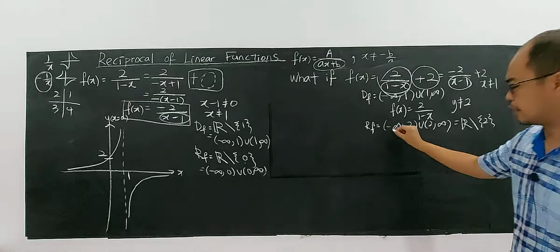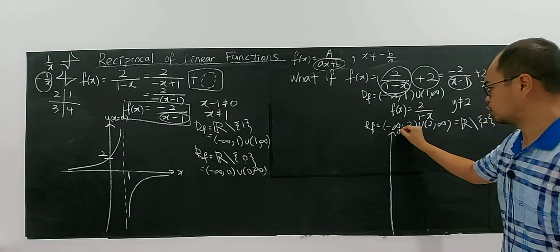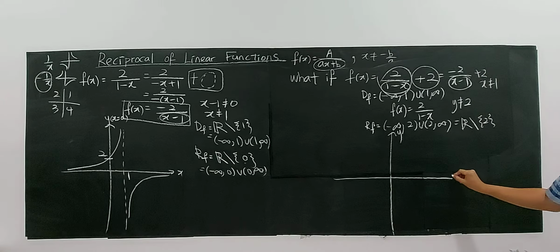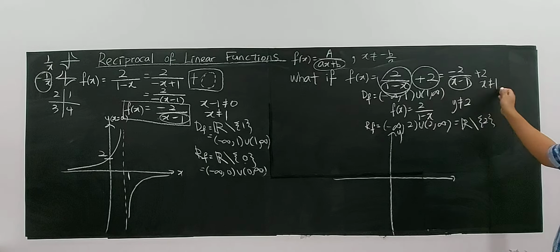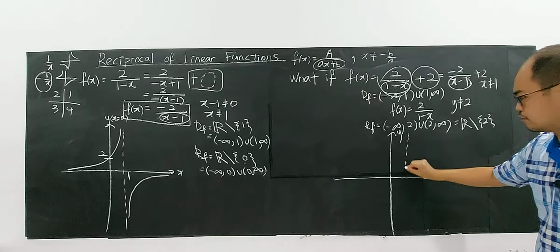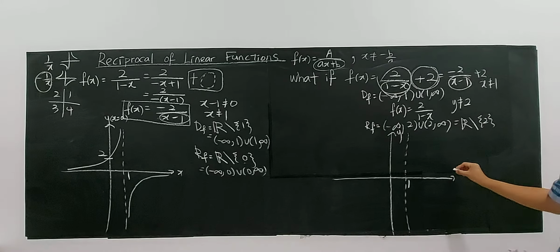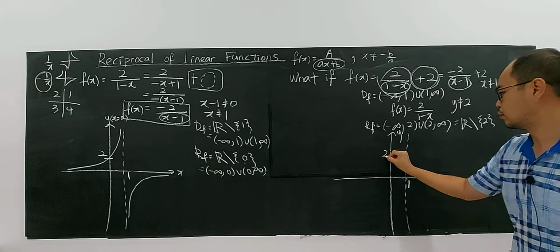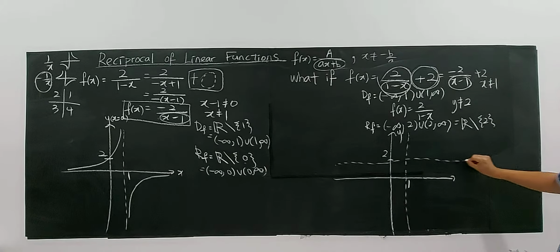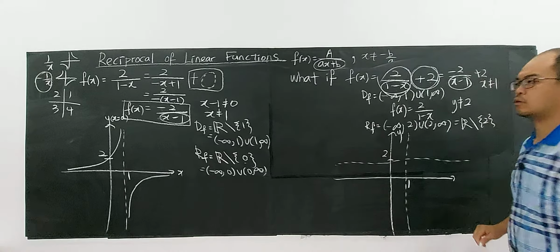Of course, the graph will also be different. First, the asymptote x equals 1 is the same; the location is the same. But now you have a plus 2 here, so you draw a line at 2.